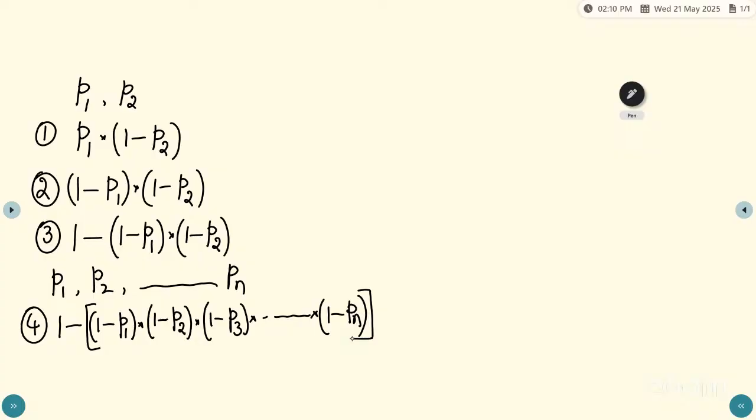Okay, 1 minus not happening all gives you the probability of happening at least one of the events.